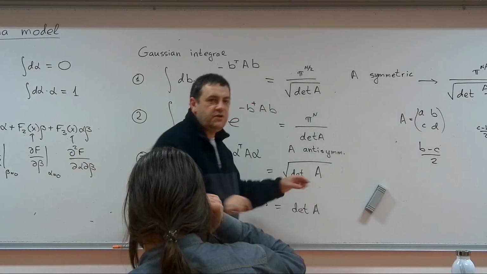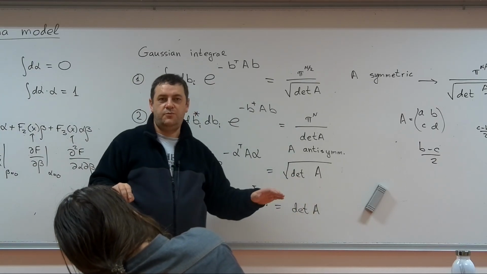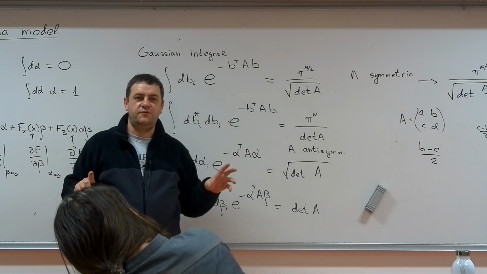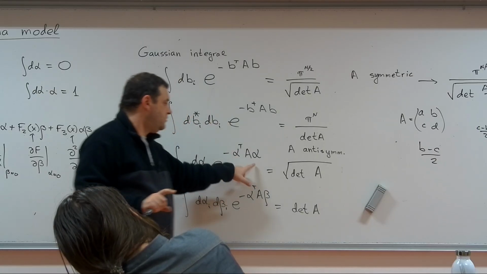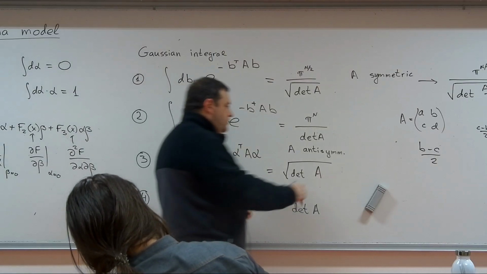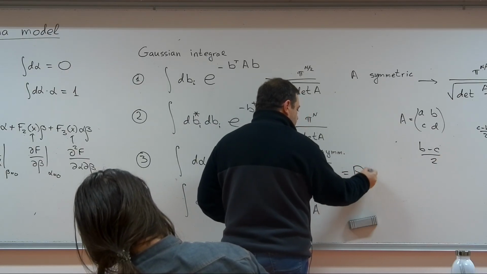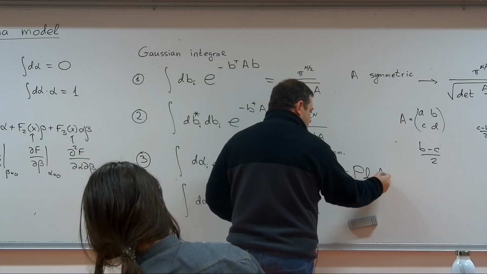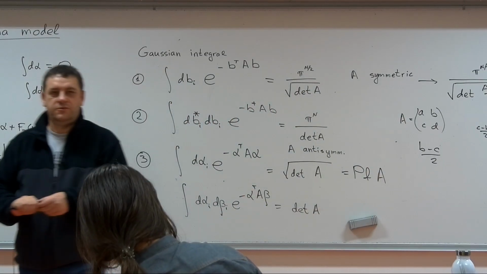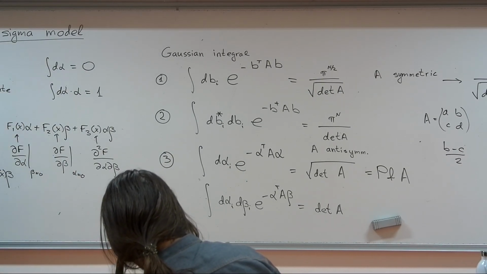You can take a square root by just removing this total square. So this is also a polynomial of the matrix elements of A, and you will get this polynomial if you do the integral. This polynomial has a name. It's called the Pfaffian of A, which we will never use in these lectures. It's just a fancy thing.